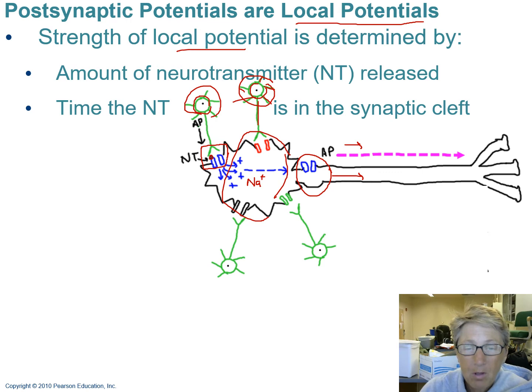That means a whole bunch of sodium would flow in, and for sure it would get to the axon hillock and cause stimulation of these voltage-gated sodium channels, which would propagate an action potential. And then also the strength of this local potential inside the postsynaptic membrane would be determined by the time that this neurotransmitter stays in the synaptic cleft.